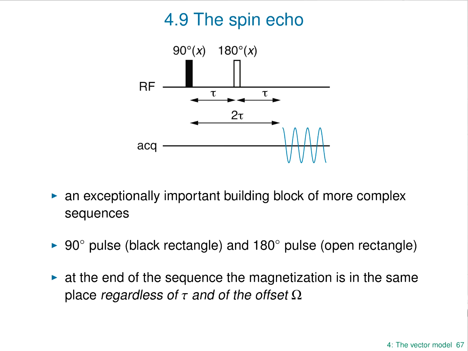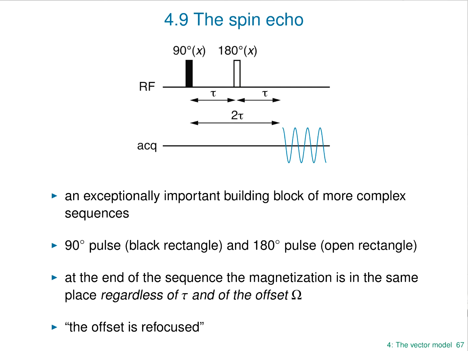In fact, we describe this by saying that the offset has been refocused, and that's because of the way the spin echo works. So in other words, although the magnetization precesses during the delay tau and also during the second delay tau, at the end of the sequence it is as if it hasn't precessed at all.